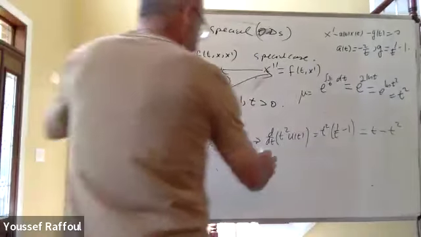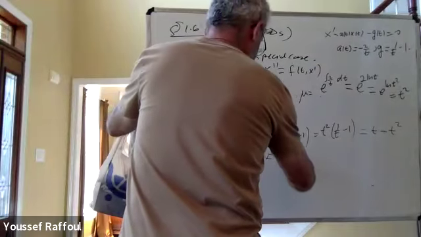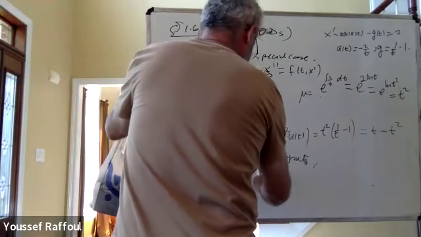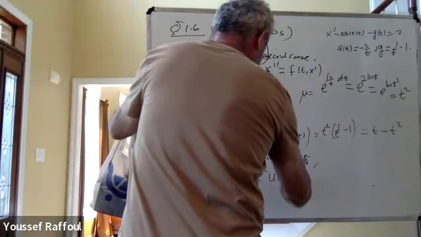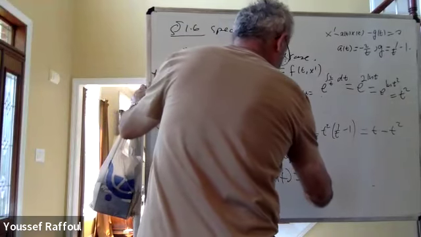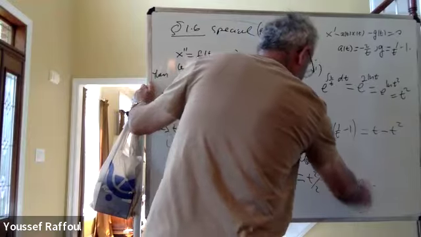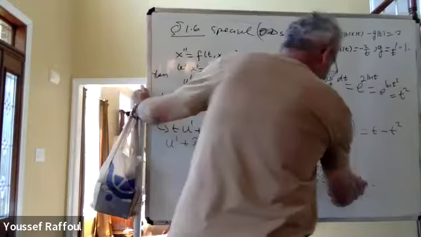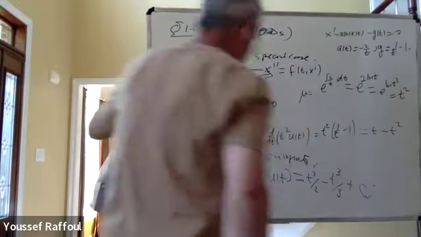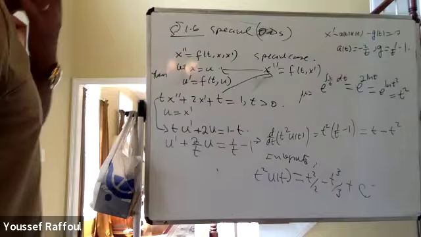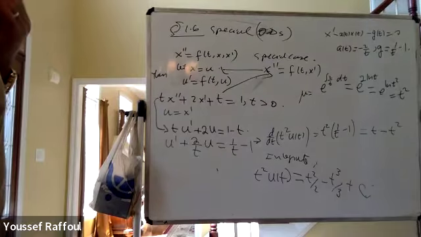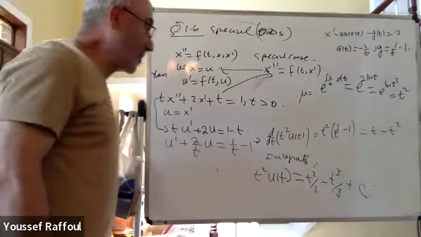So integrate, and you will get t squared u of t equal to t squared over 2 minus t cubed over 3 plus c. We have to integrate, and this is what you get.